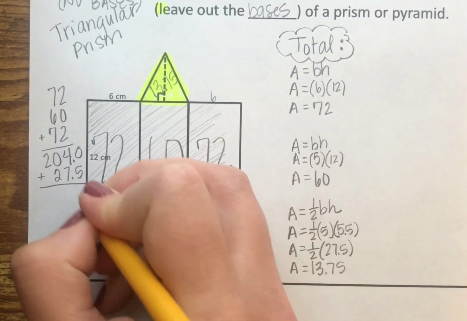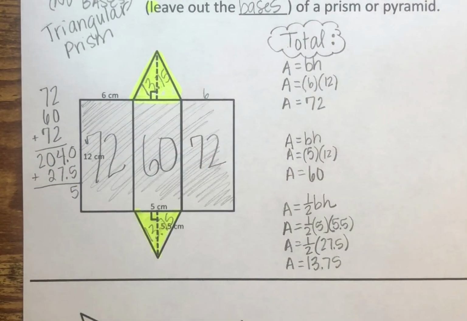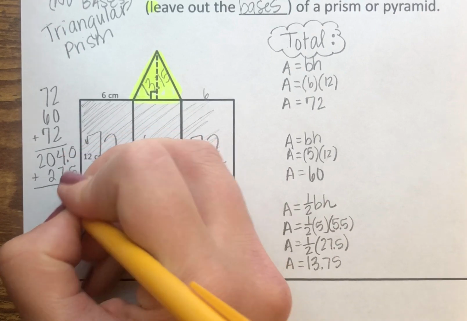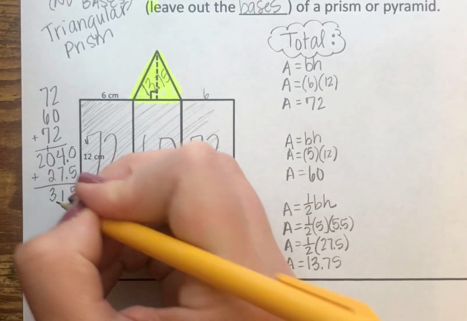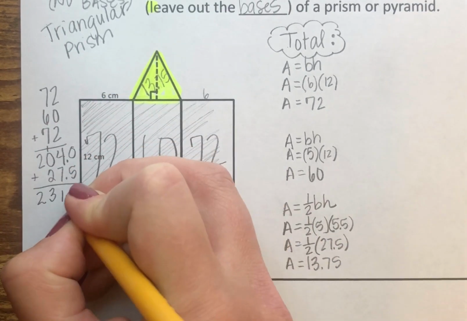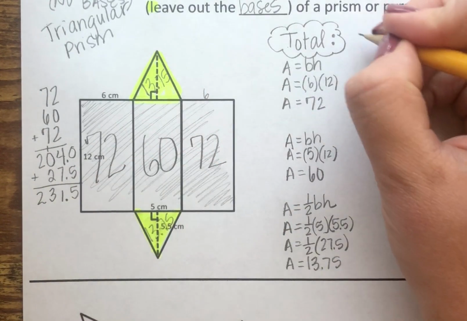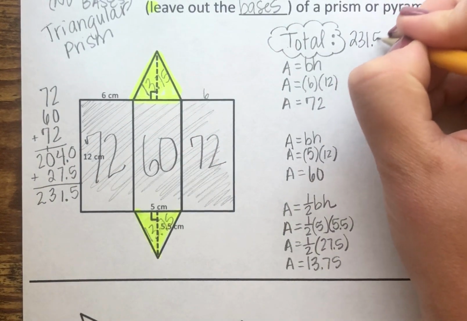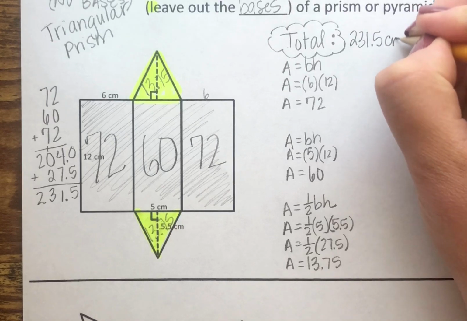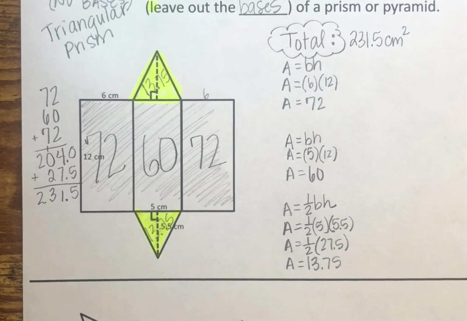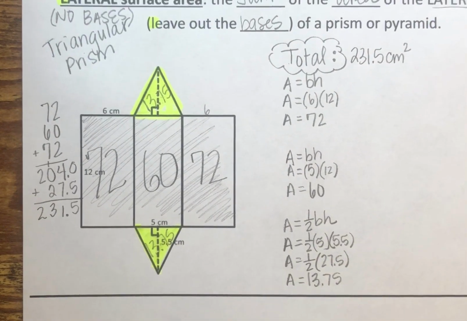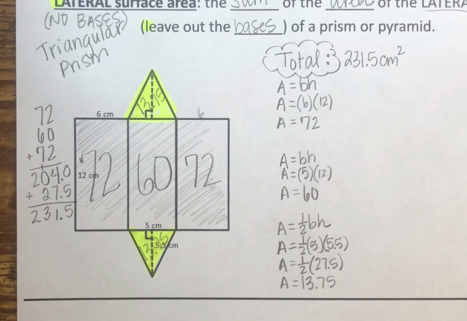Got to line up our decimals here. So we've got 231.5, and it is area, so it's going to be centimeters squared, our total surface area for this specific problem.